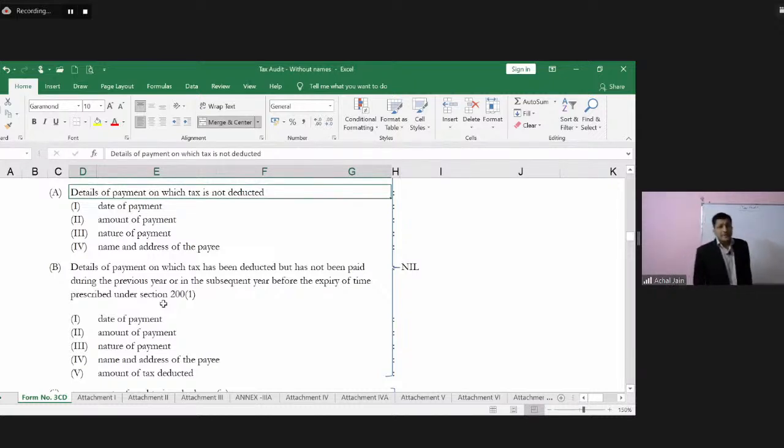But in point number B, tax has been deducted but has not been paid. So all of these particulars are required to be furnished, and all of these particulars will once again be furnished in the form of a separate annexure, because many of these details will require a lot of data to be captured. Just a minute.